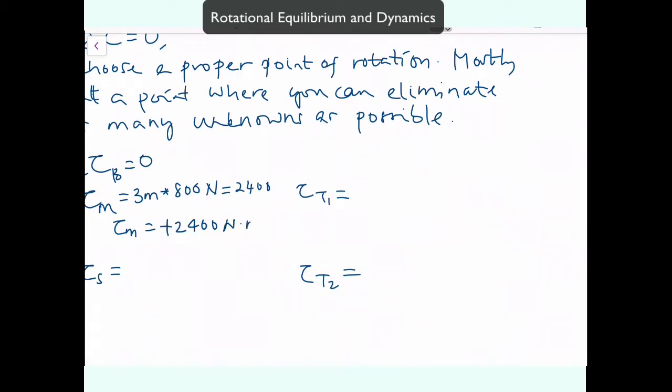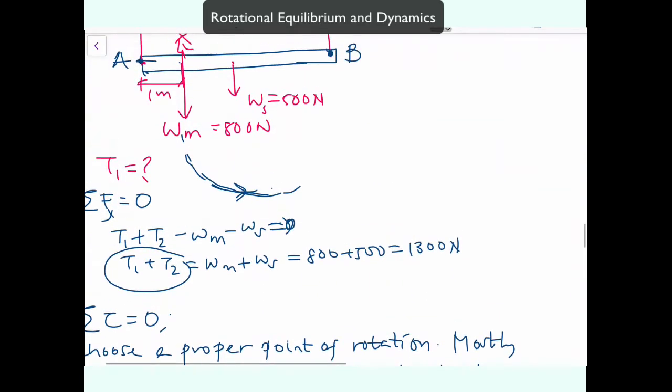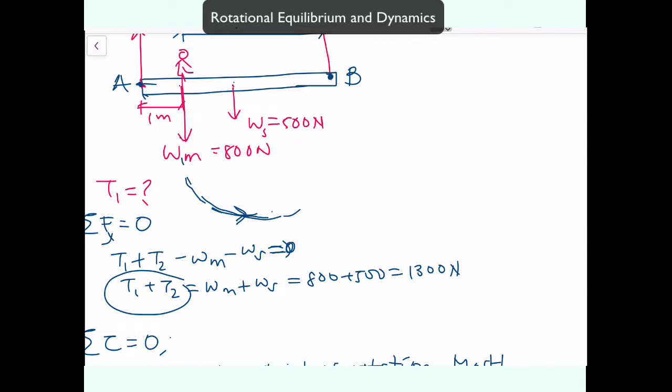Then the scaffold, since it's uniform, we assume its weight is concentrated right at the midpoint.